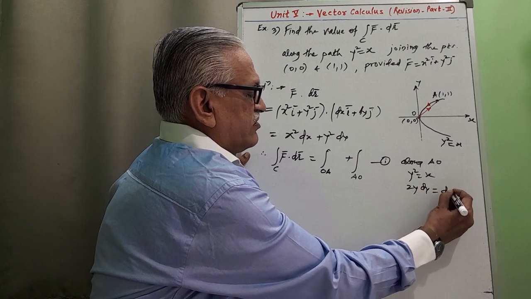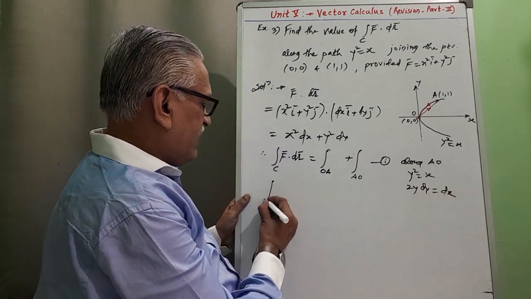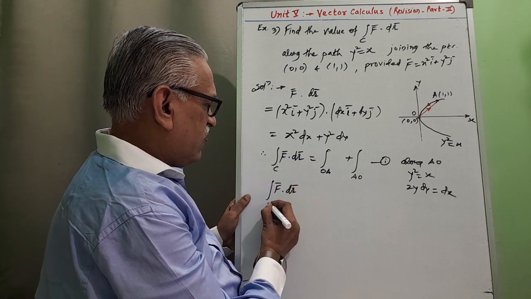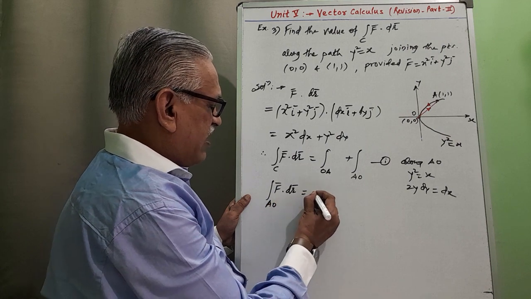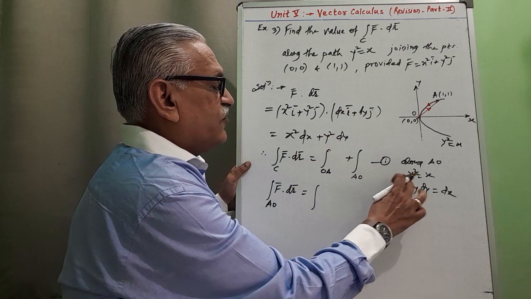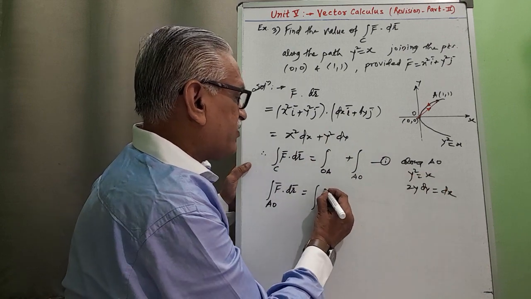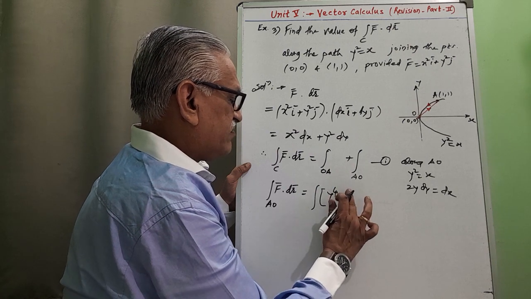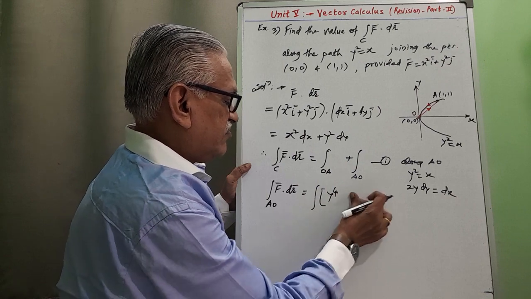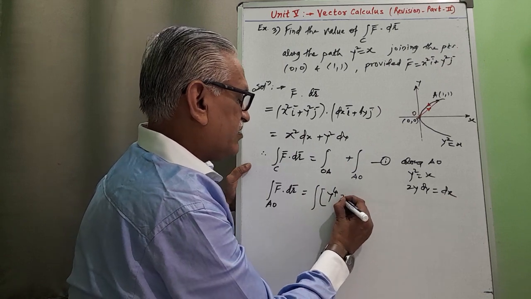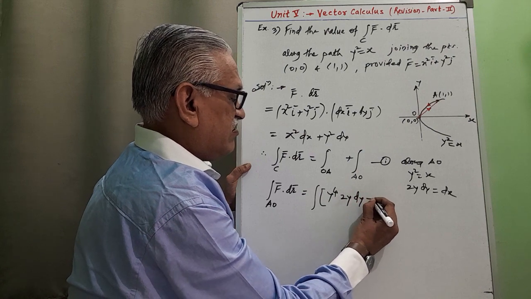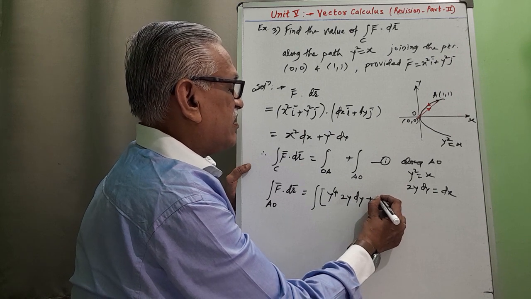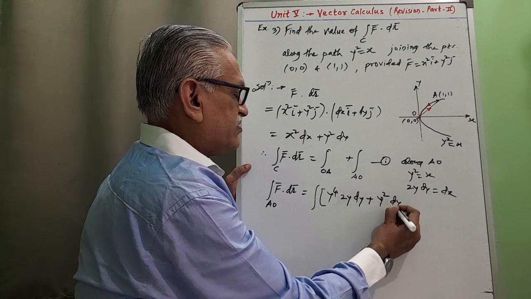Substituting, the integral of F bar dot dr bar along path AO has x as y square, whose square becomes y raised to 4, times dx as 2y dy, plus y square dy as it is.